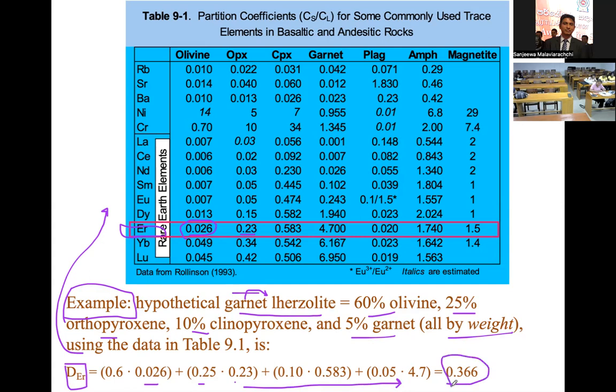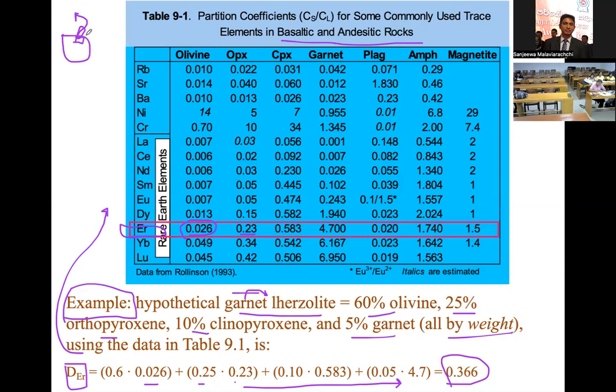This is the bulk partition coefficient of a garnet lherzolite, which produces a melt in a basaltic system. Here we considered basaltic and andesitic rocks. The idea is this original garnet lherzolite produces a melt of basaltic to andesitic composition, because this melt is in equilibrium with the solid here, the garnet lherzolite.